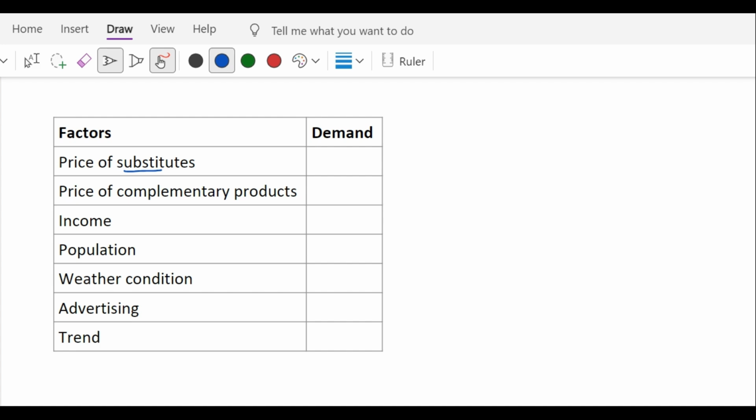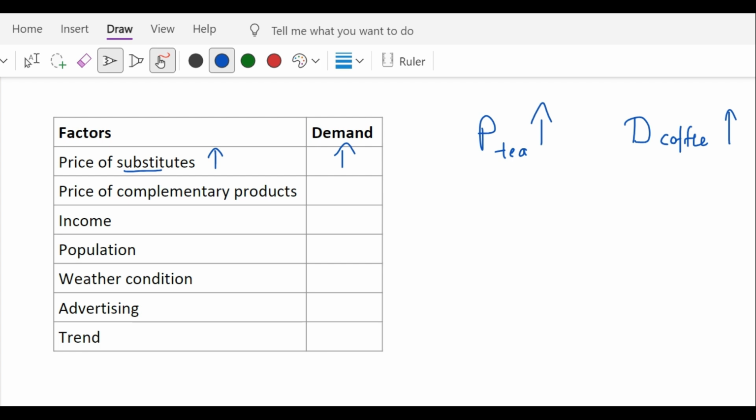If the price of tea increases, tea is expensive, so instead of buying tea, I might move on to coffee. Then demand for coffee will increase, right? So when the price of a substitute product increases, demand for my product will increase.